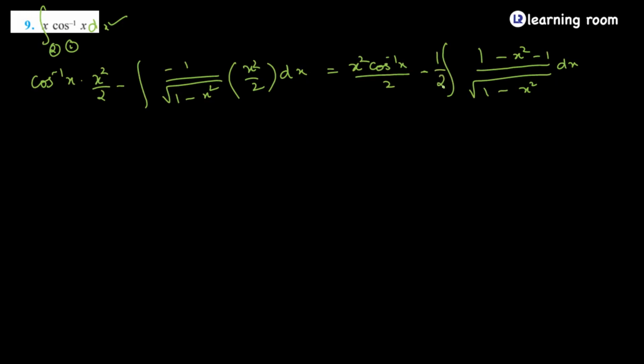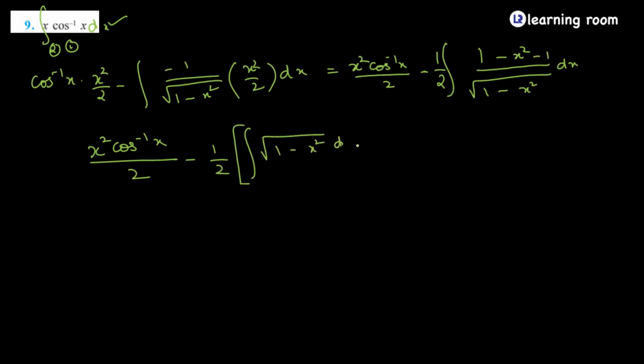So it will be half into 1 minus x square minus 1 divided by root of 1 minus x square. So it is going to be x square cos inverse x the whole divided by 2 minus half into integral of, listen to this, 1 minus x square by root of 1 minus x square is root of 1 minus x square, minus 1 by root of 1 minus x square dx. Am I clear with this?